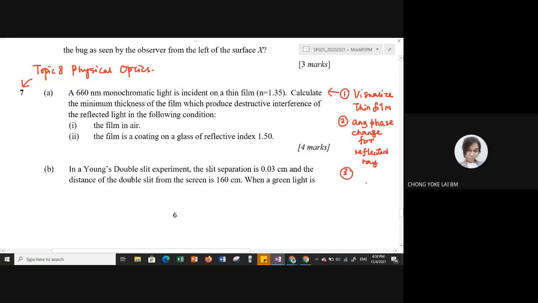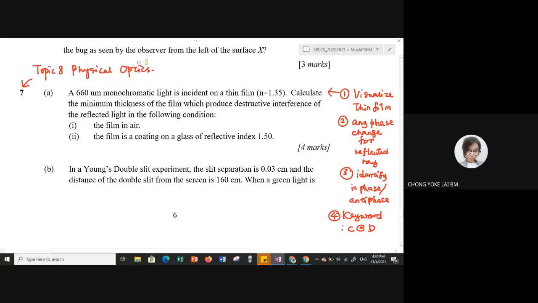Third one, then kita identify our source is in phase or anti-phase. Okay. Then kita identify keywords daripada keywords in the question. Kita nak buat apa? Constructive ataupun destructive interference.